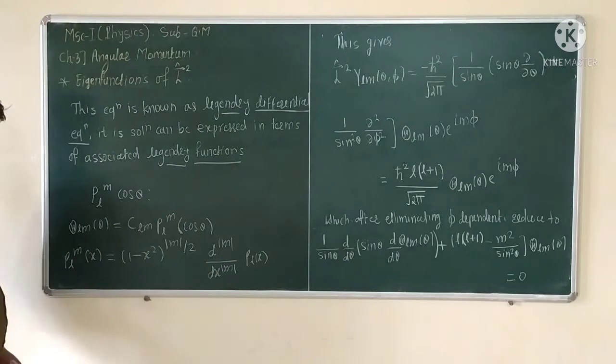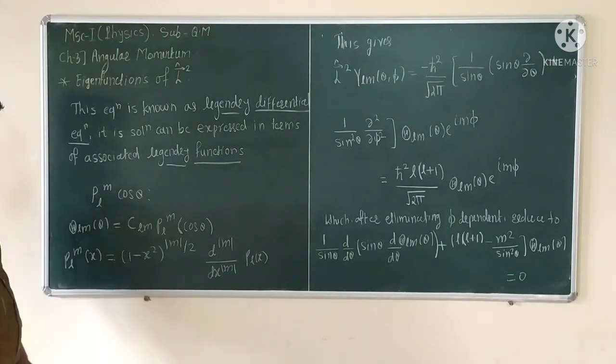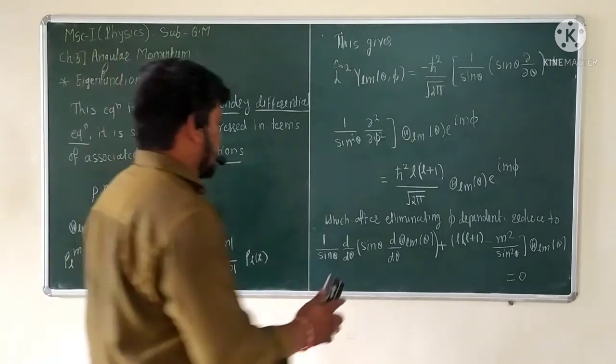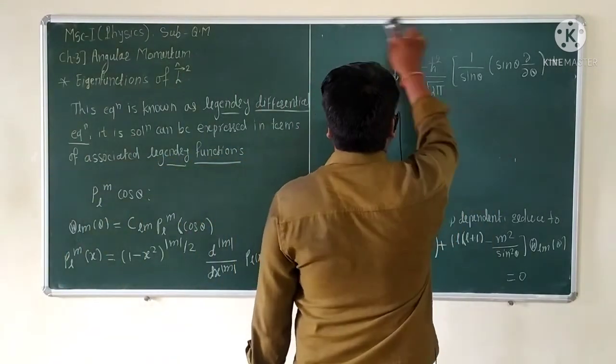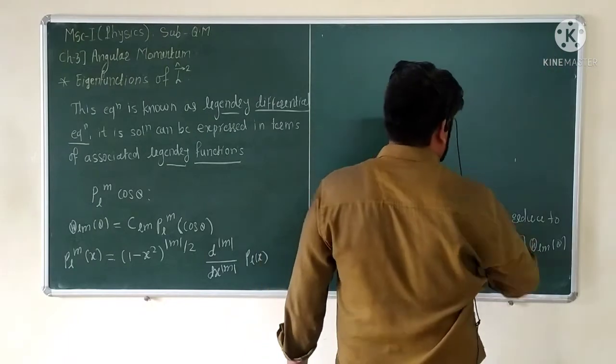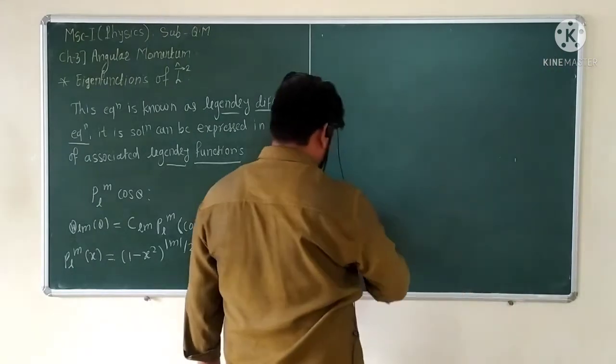Using this formula we want to get the next equation, and after the solution we have to use the Rodriguez formula of this Legendre equation to solve for the eigenfunctions of L square.